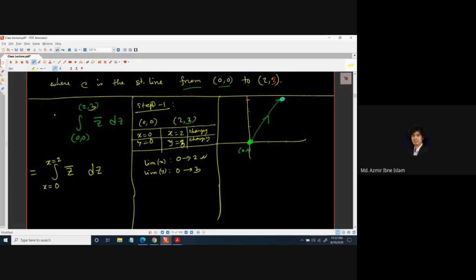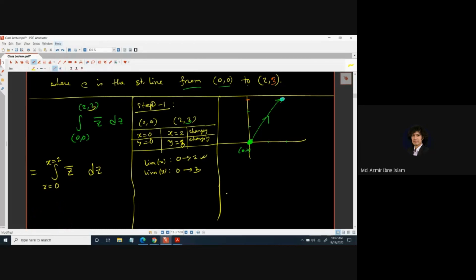Yes, sir. Or you can also verify your result by this. If we want to work with y, then y will be 0 to 3 of z bar dz, and this time dz will be converted to dy. So you can work with either one, you will get the same result. For now we are working with x.